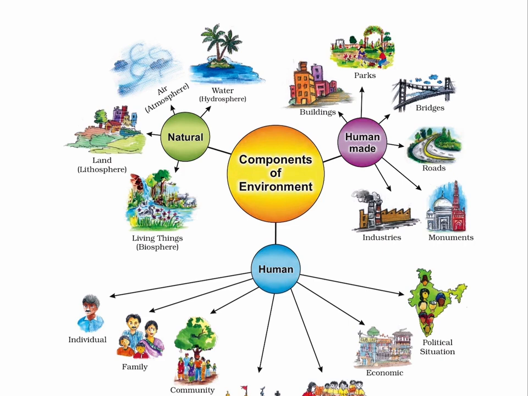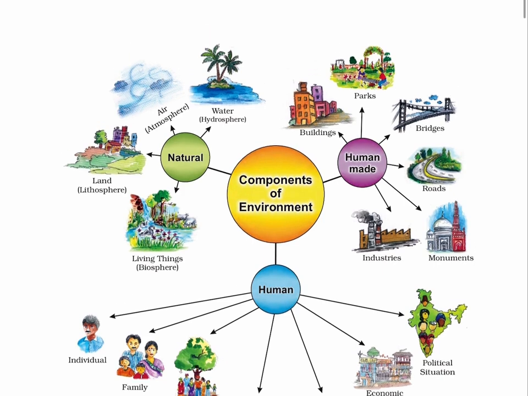Natural being land, that is lithosphere, air, that is atmosphere, and water, that is hydrosphere, besides living things, that is biosphere. Human-made components of environment are buildings, parks, bridges, roads, industries, and monuments.